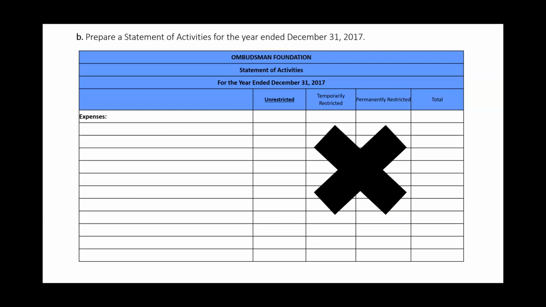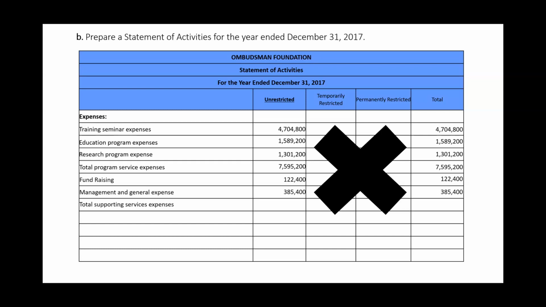So now we'll go through the bottom part of our statement, and this is going to be the expenses. Remember, we've got this big X here for temporarily restricted and permanently restricted accounts. Why is that? Well, we're on to our expense portion, right? And the expenses all have to be unrestricted. So training seminar expense, education program expense, research program, total program service expenses, fundraising, management and general, total supporting service expenses, total expenses, and then an increase in net assets.